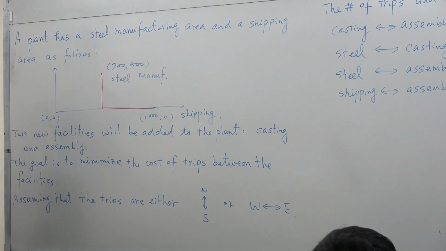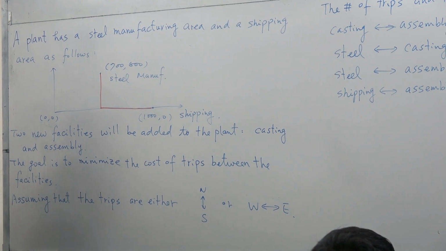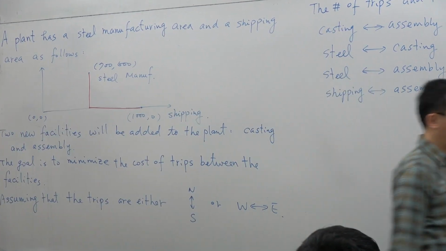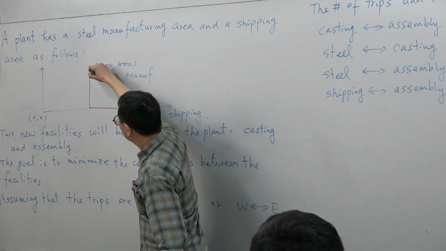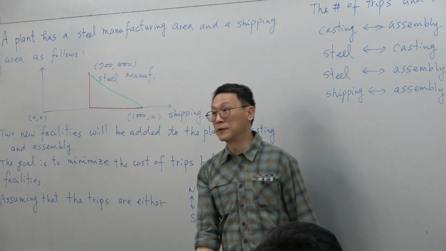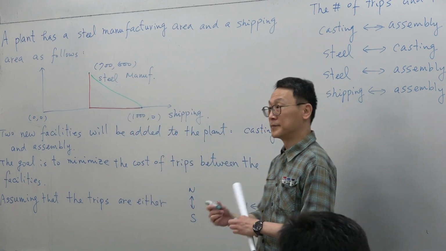If that's a Euclidean distance, that's the green line.